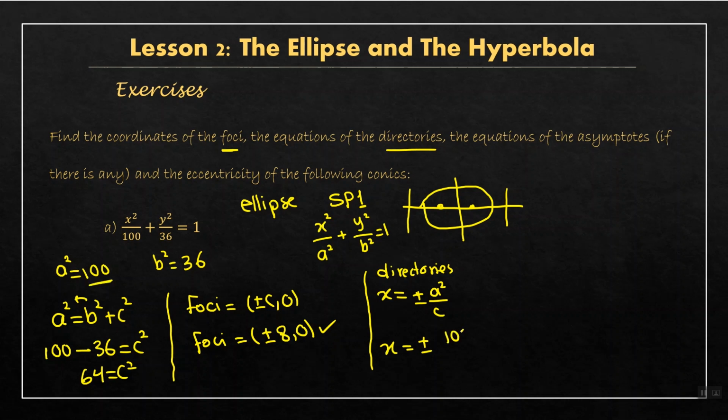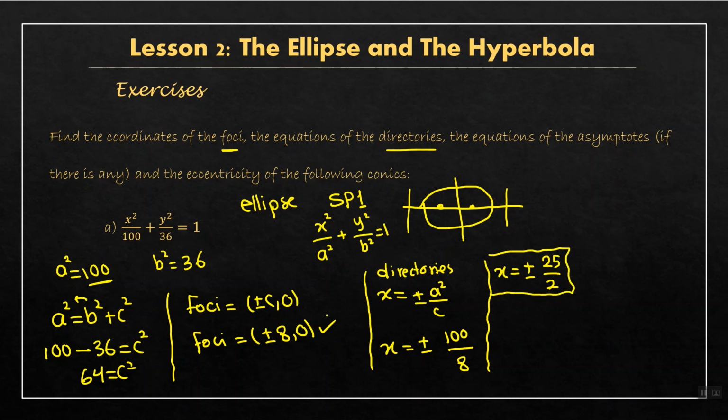And c is a number that we have found, it is 8. So it is 100 over 8. You cannot cancel by 8, but you can cancel by 4. If you cancel by 4, you get here 25 and here 2. So this is the equation of the directrices.